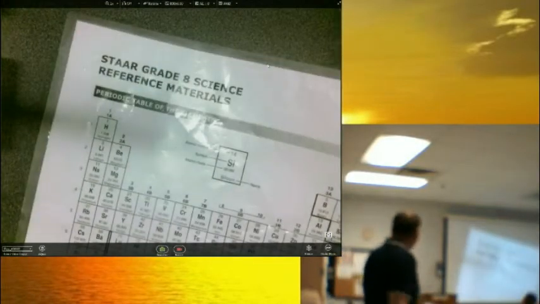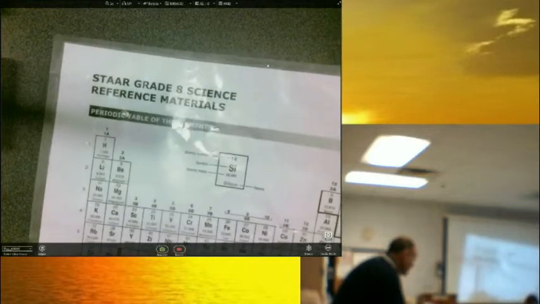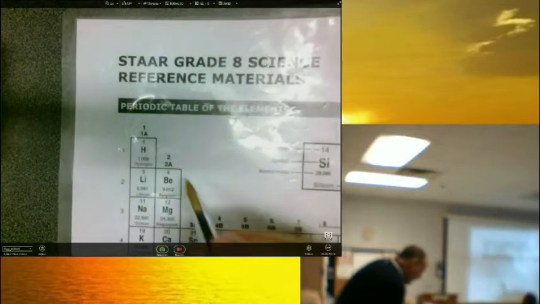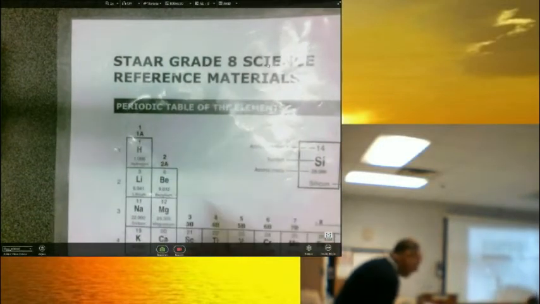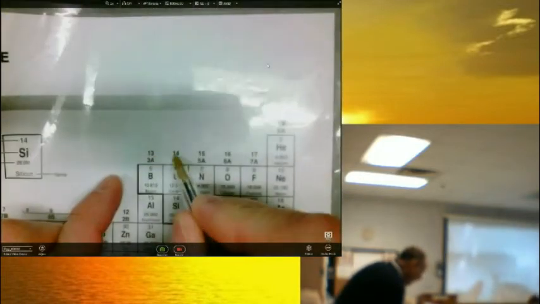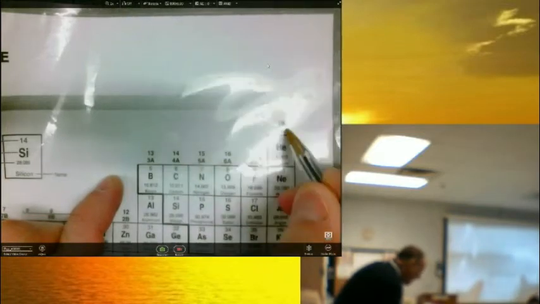Okay. Everybody look at the periodic table. Everybody see it on your periodic table? Circle it, 1A. 2A. Then you have to skip way over here, because the A numbers start up here again. 3A, 4A, 5A, 6A, 7A, 8A.